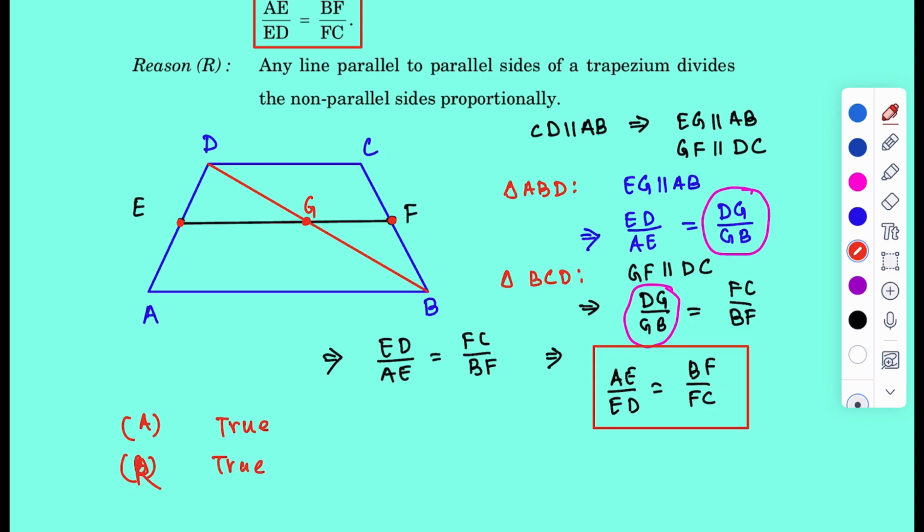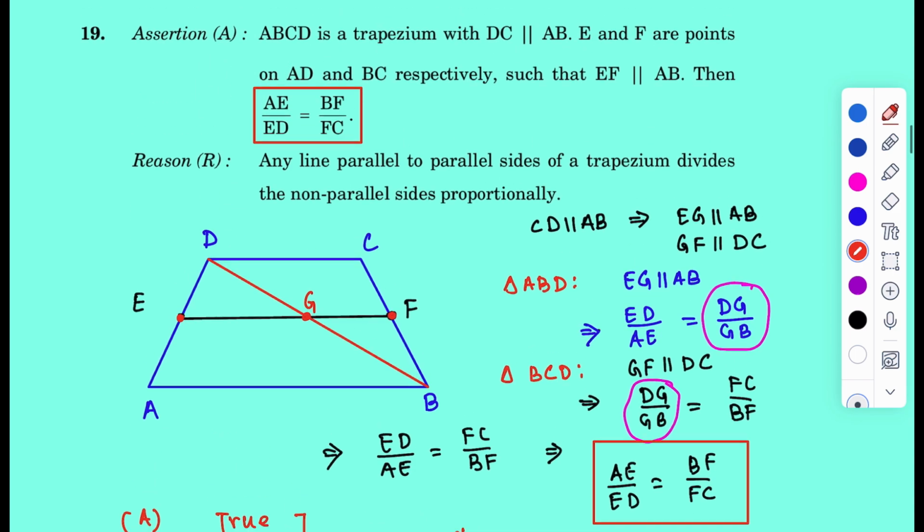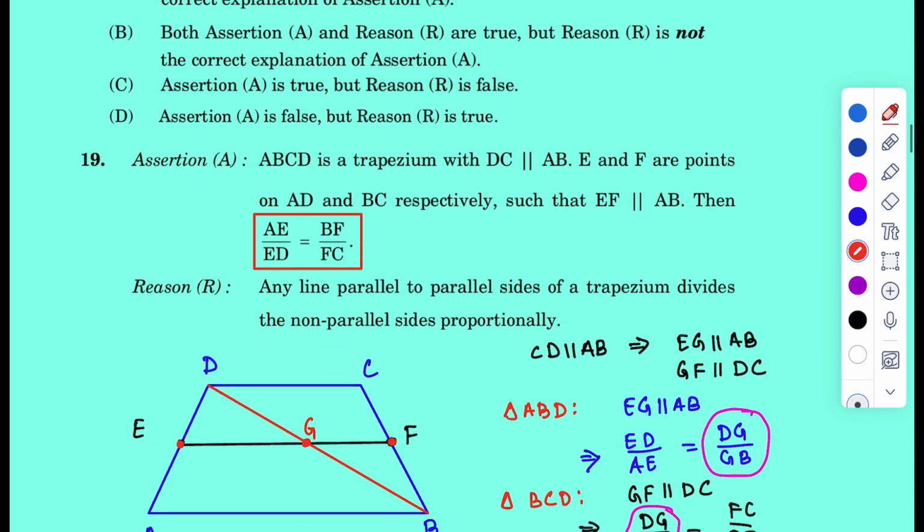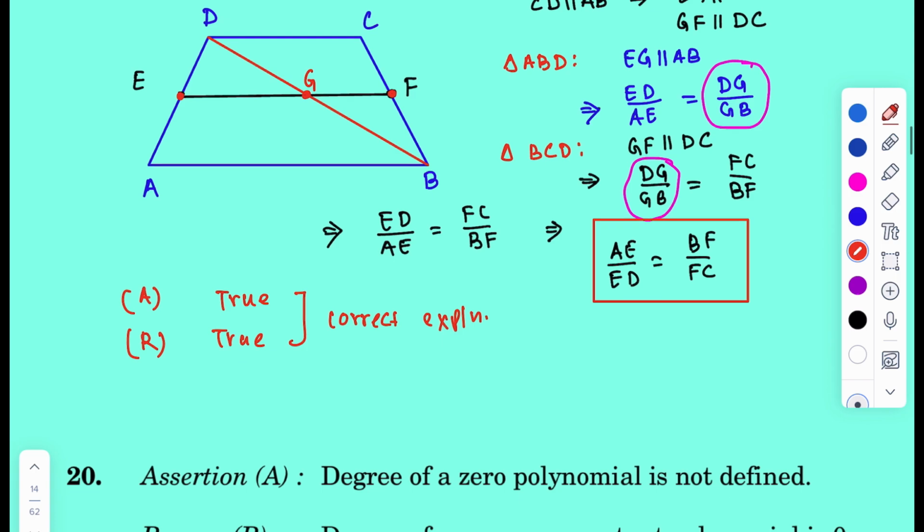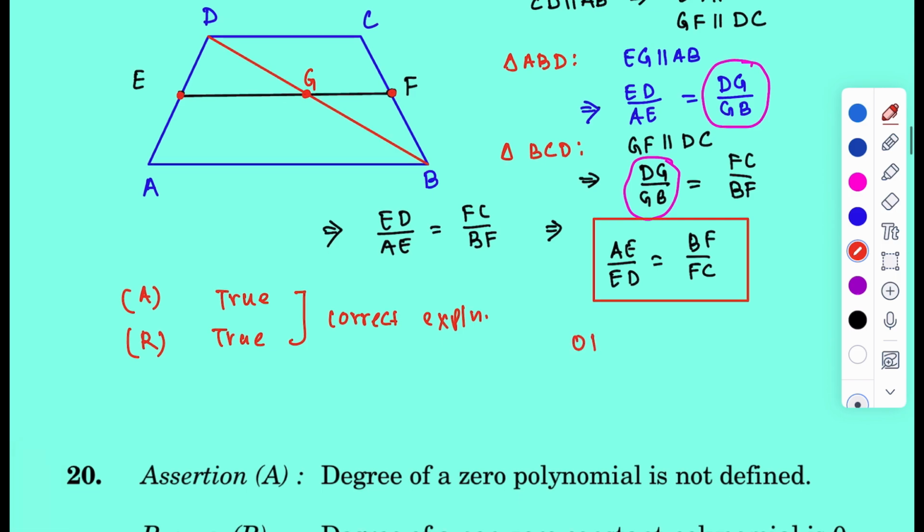The assertion is true, the reason is true, and the reason is the correct explanation of the assertion. Hence option A is correct for this. Option A is correct.